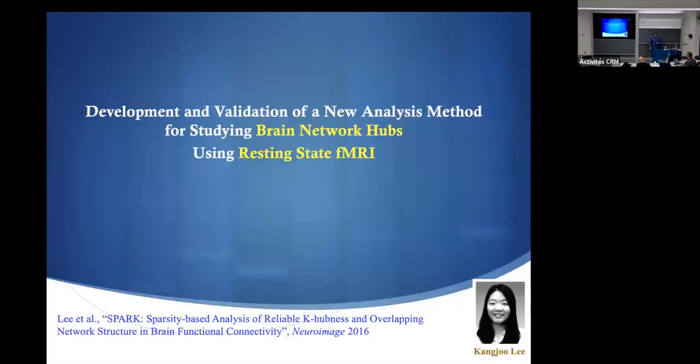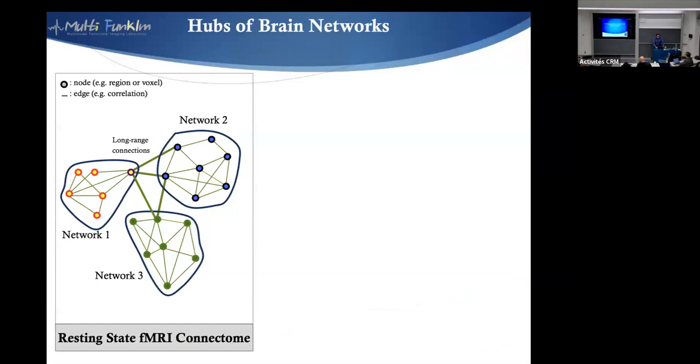On resting state fMRI, I will talk briefly about this technique developed by a former student of mine, Kang-Ju Lee, who's now a postdoc, a research associate, at Yale. She developed this method that we call SPARC, which means sparsity-based analysis of reliable k-hubness. It's a sparse technique to extract the hubs of those epileptic networks.